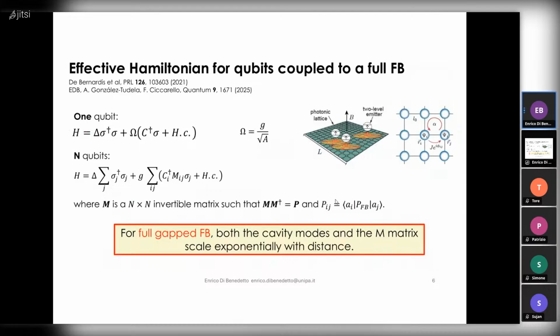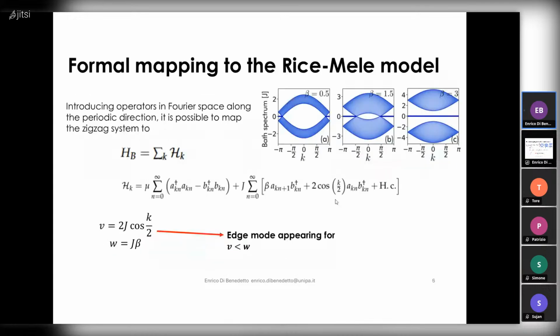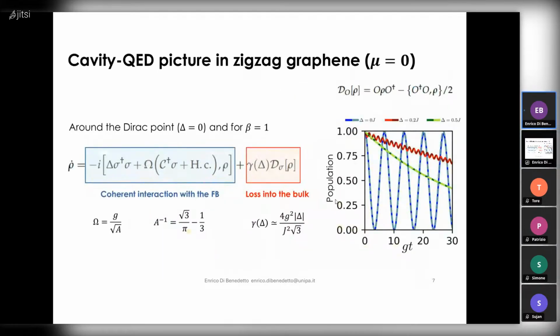In photon-mediated interaction, you are tracing out all the degrees of freedom of the bulk, and so you get an effective interaction mediated by virtual photons, which of course depends on the frequency of the qubit. Instead here, I'm just tracing out the degrees of freedom of the bulk modes. I'm keeping the interaction with the flat band exact, which is why in this model I have the joint density matrix of my qubit and my cavity mode.